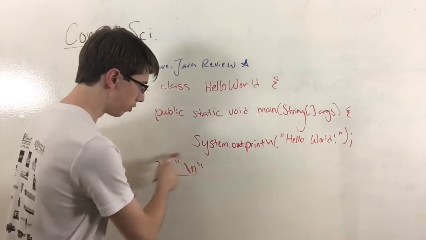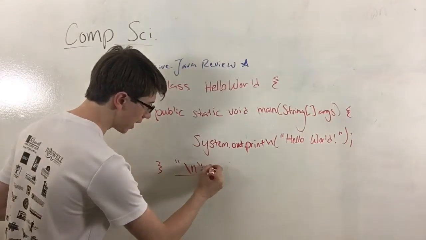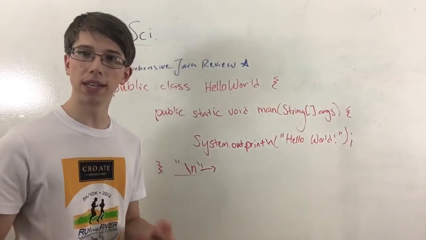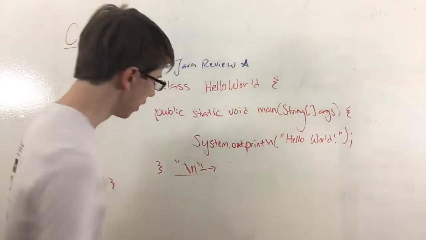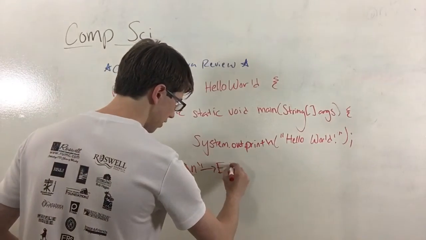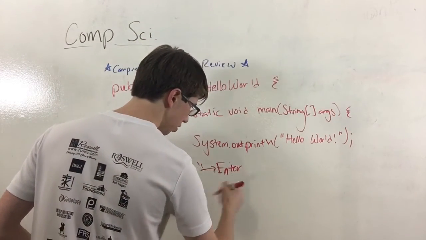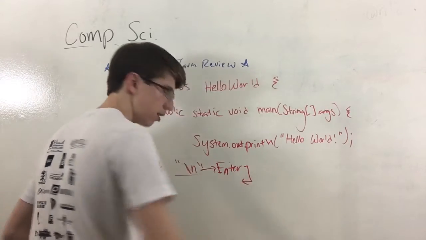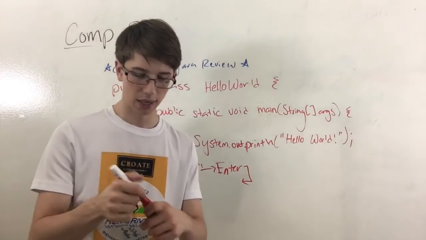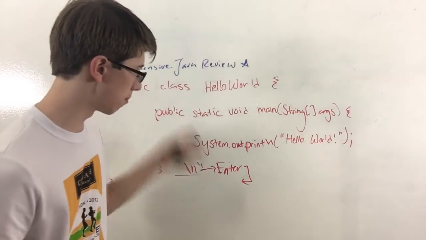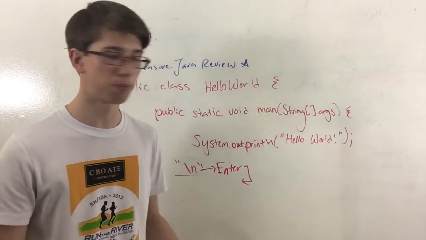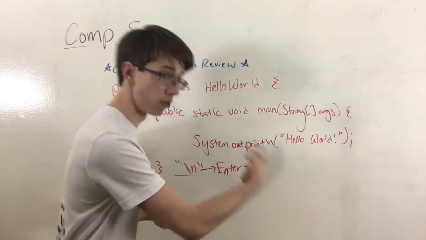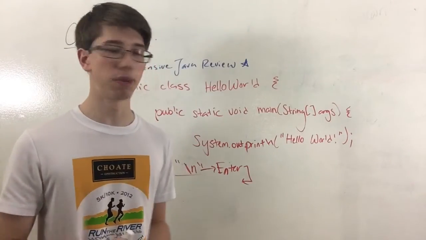And so your computer reads this as the same value that it gives your enter key, which tells your computer to move on to the next line, such as printing to a new line. And that's pretty much it.